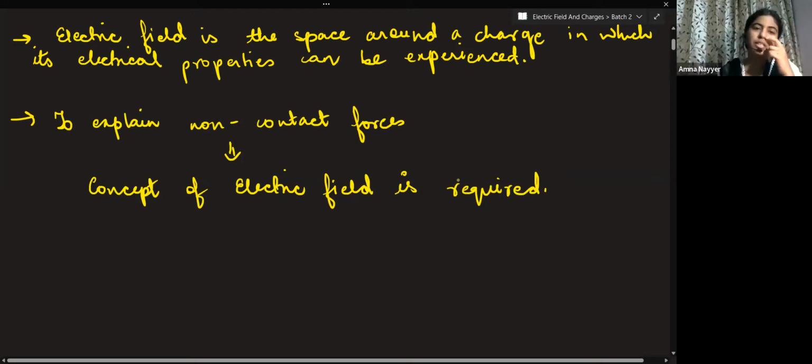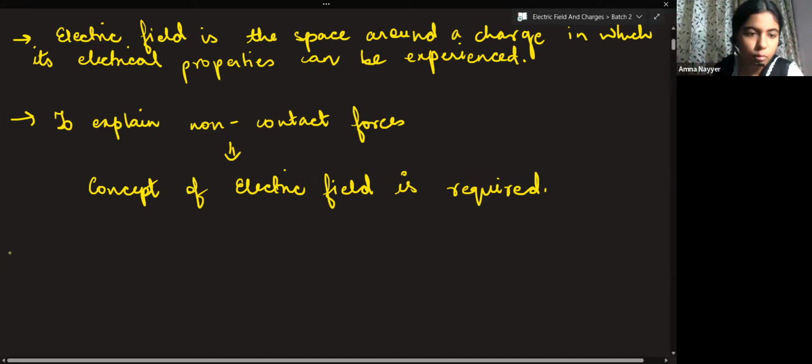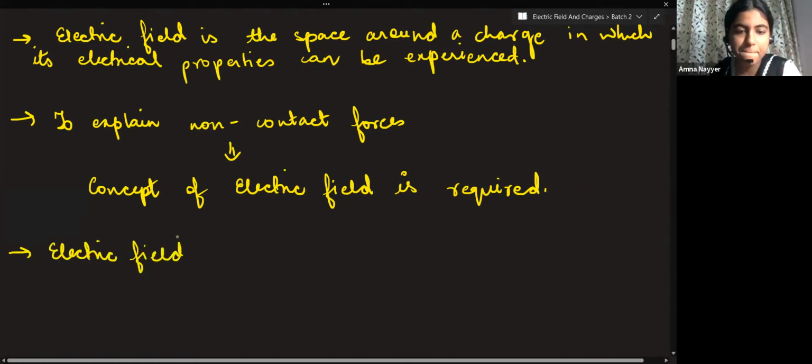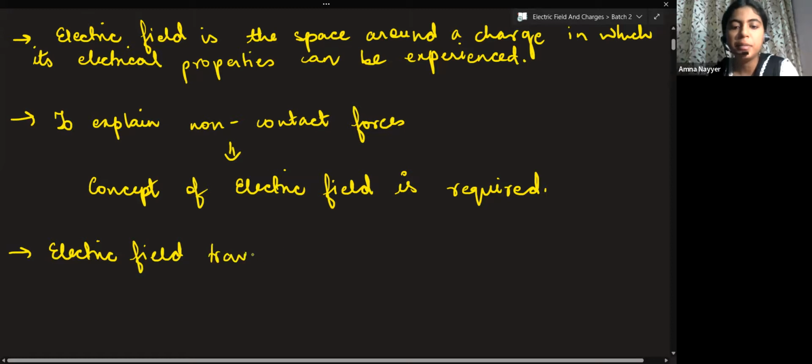Also, you should remember that these electric fields which surround a charge travel with the speed of light. What is the speed of light? 3 into 10 to the power 8 meter per second.